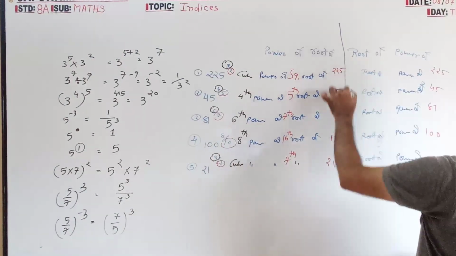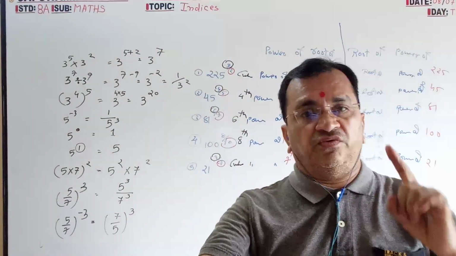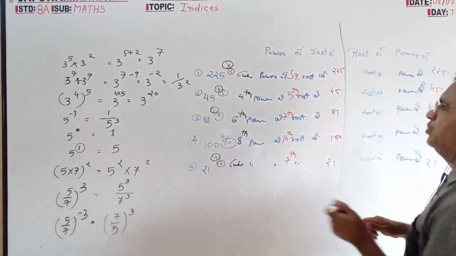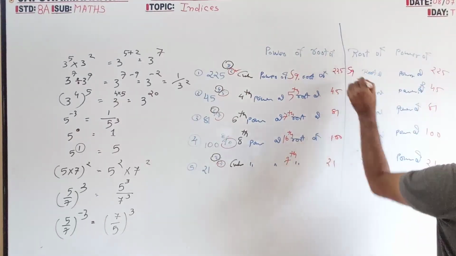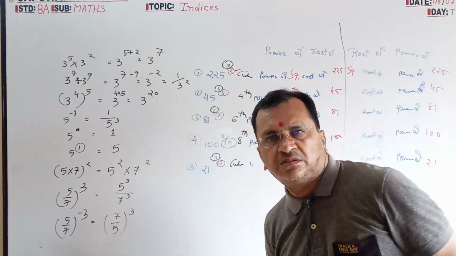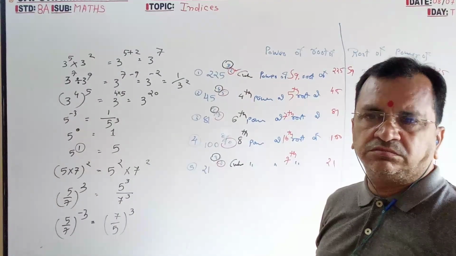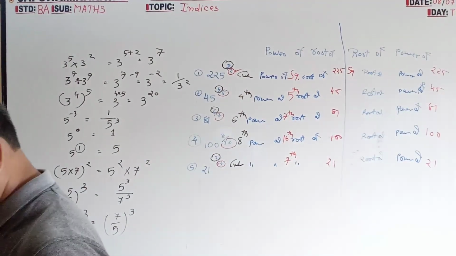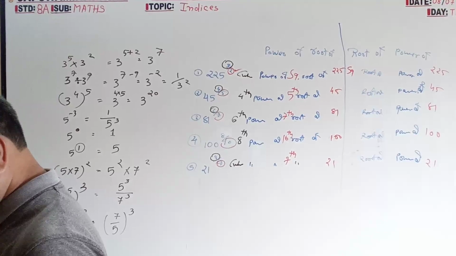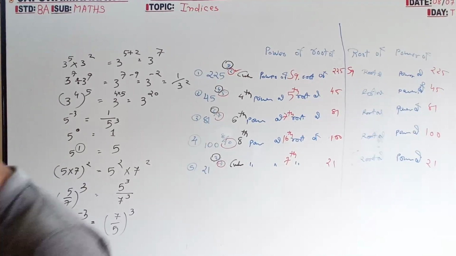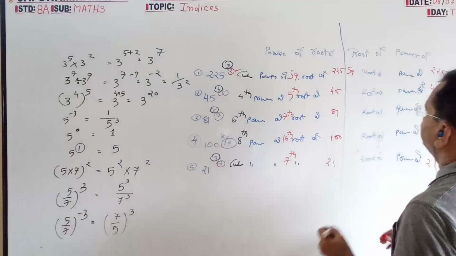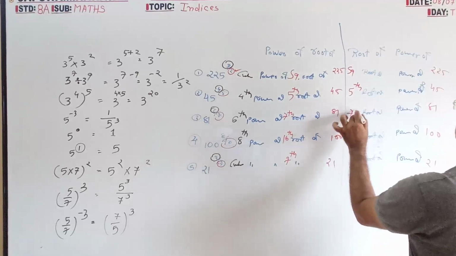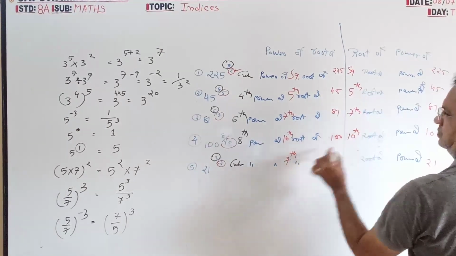Now first, root means denominator, square root. From here my network is clear. Square root, fifth root, seventh root, 10th root, seventh root.